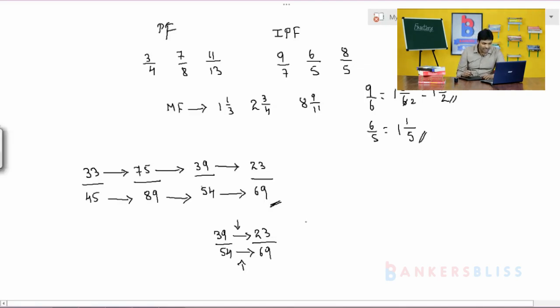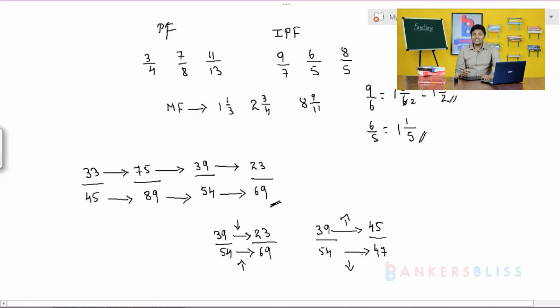If this is the case, see here, 39 by 54, next 45 by 47. So properly you observe, the numerator is increased, the denominator is decreased.